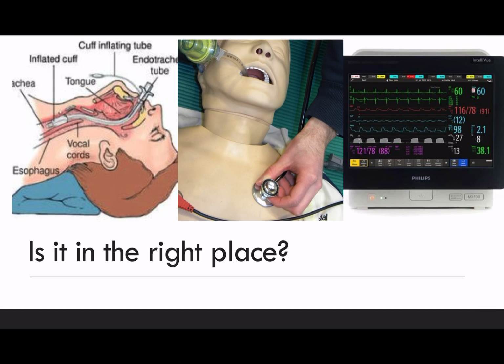What it doesn't tell you is how far that tube has gone. Where you want it to be sitting, if you look at the picture again on the left, is just at the trachea, just below the vocal cords. However, if you push that tube down too far, it is going to go until the point of the bifurcation of the trachea into the left and right main bronchus, and then it could go into either of those.